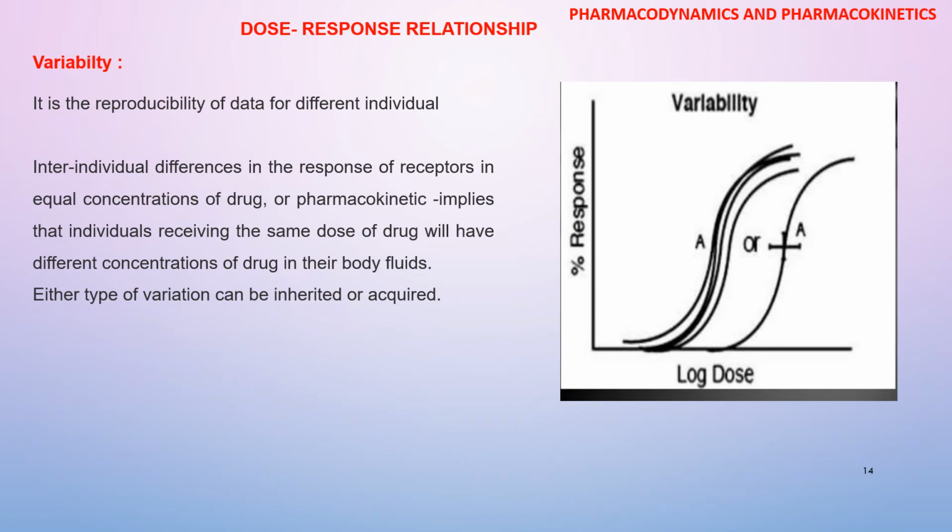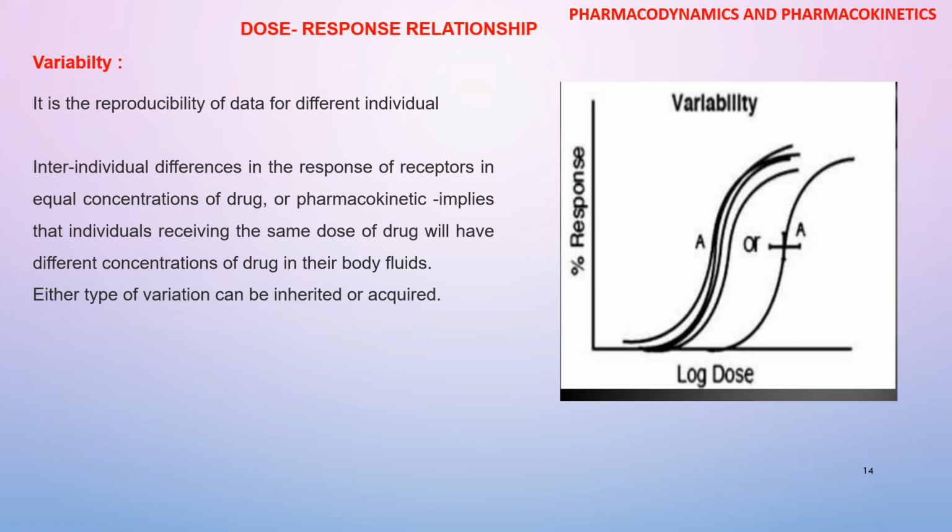Next parameter is variability. It is the drug dose response curve plotted for the same drug in different individuals. Basically, reproducibility of the data in different individuals. It gives an idea of inter-individual differences in response for a drug at the same concentration.